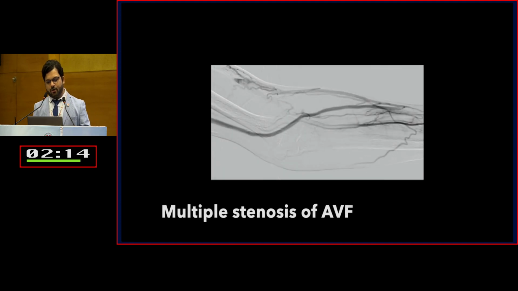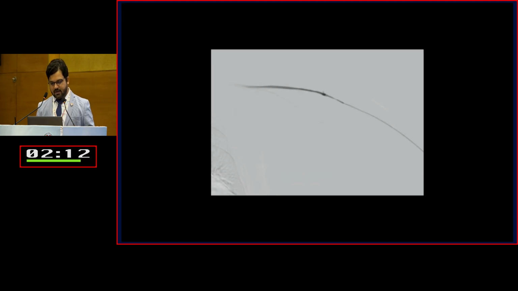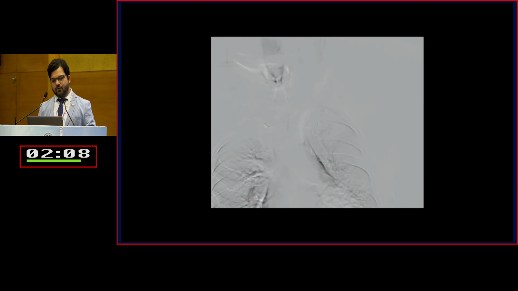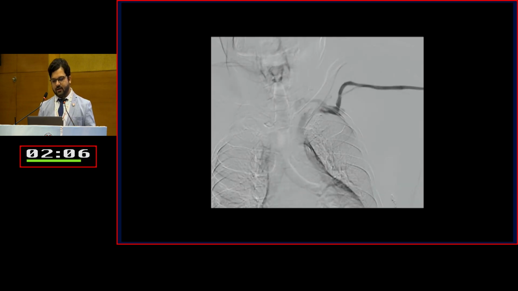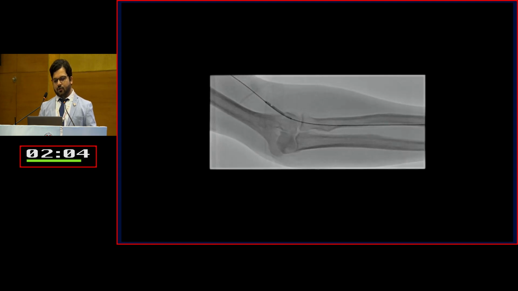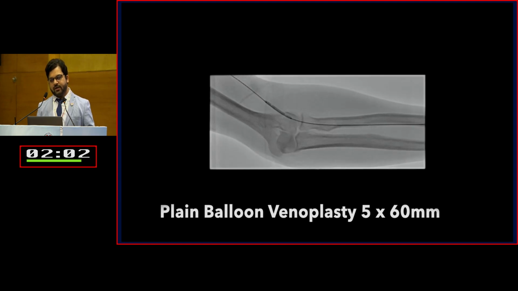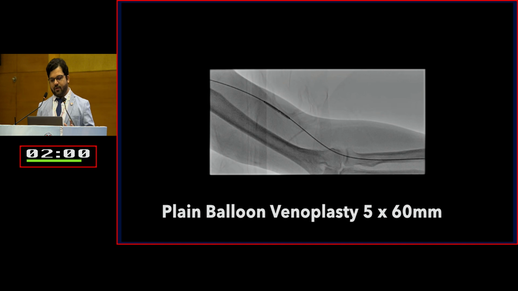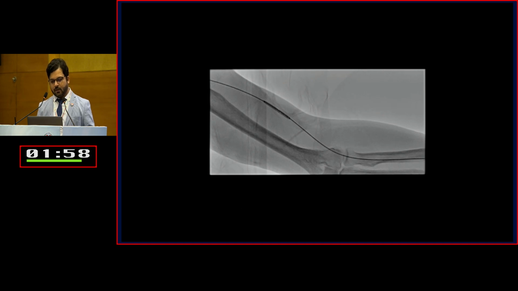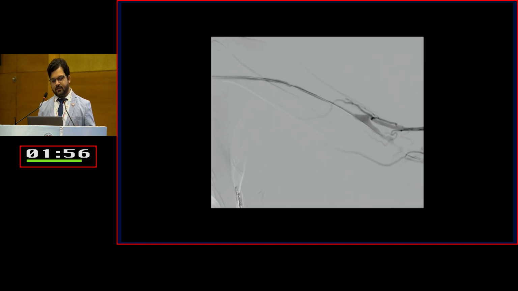So this was the pre-op picture, a tight anastomotic stenosis. Distally, everything was good. The cephalic vein was good, and you can see a good cephalic arch draining into the subclavian vein. Initially, we did a plasty with a plain balloon, 5 by 60 mm balloon, plastied the anastomotic site and the fistula.